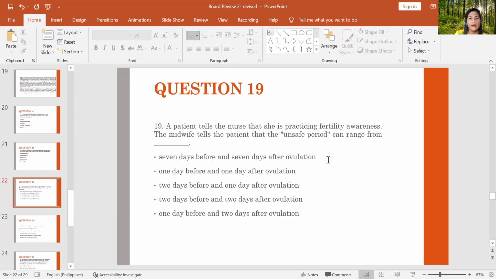So according to the family planning method of contraception, the period in which conception can occur and one should refrain from intercourse is 7 days before and 7 days after ovulation. Okay?